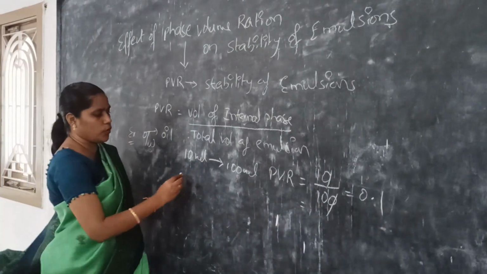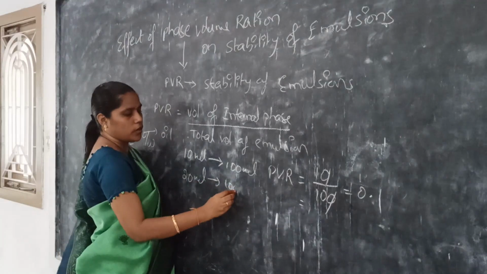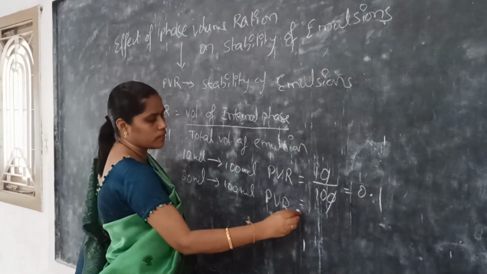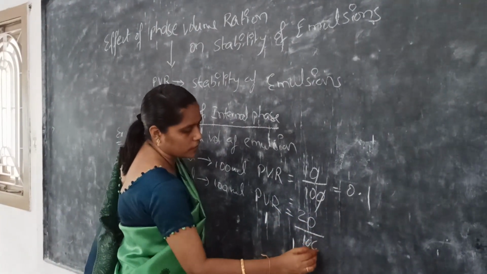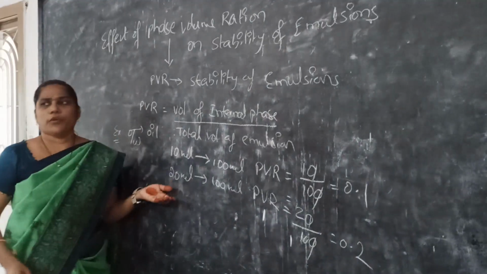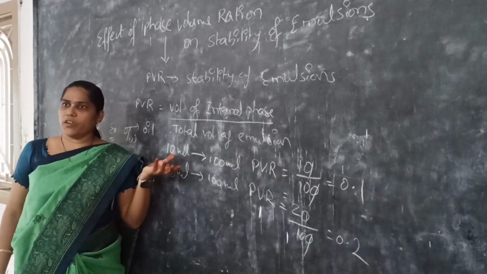If you take 20 ml and make the emulsion 100 ml, then phase volume ratio will be 20 by 100, 0.2. Similarly, if you take 30 ml, 0.3, if you take 40 ml, 0.4, like that we get.